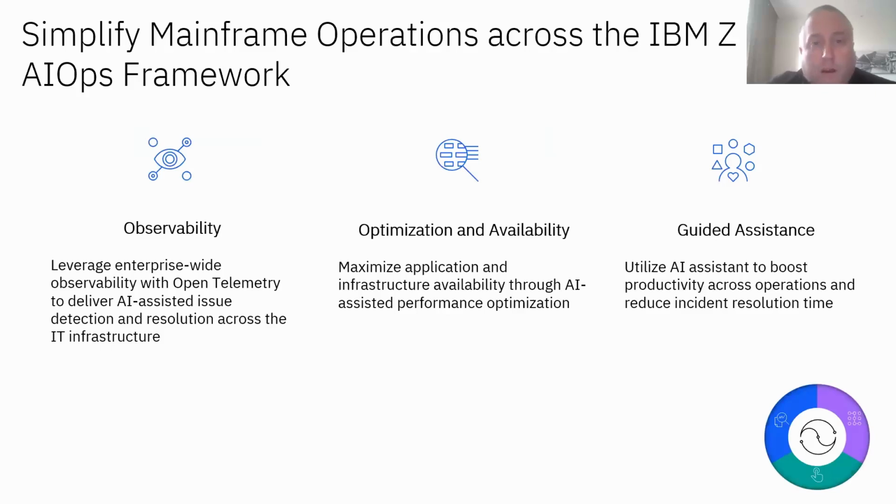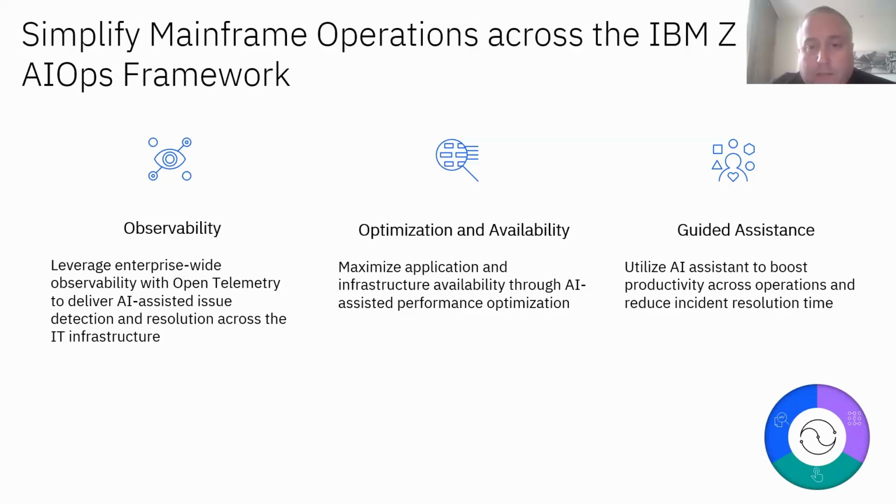Just quickly on where OMEGAMON fits into everything that we're doing with AIOps on IBM Z. It is really a core part of everything that we're doing around observability. If we think about what observability is, bringing metrics, logs, and trace to help understand how a system's behaving, OMEGAMON is the core part of our metrics part of that story.